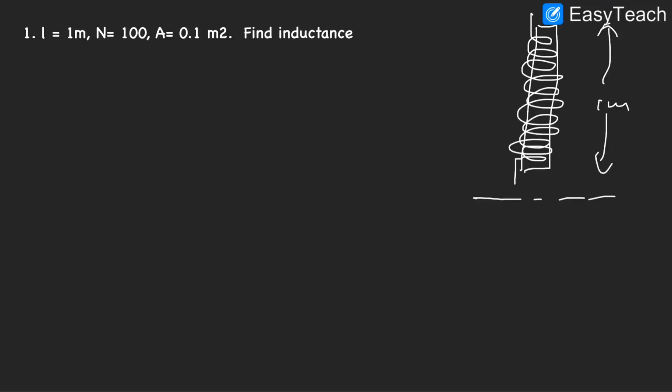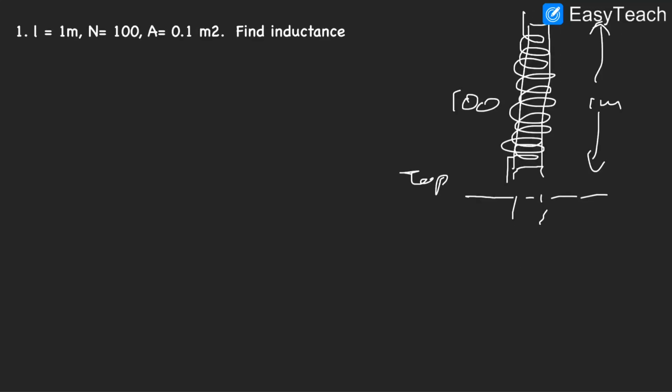Remember, that's just an inductor, and it is wound 100 times, so that is our number of turns n. And this is looking at the top view, and so if you look at it from the front, it's going to be a circular core. You're just going to see a big circle like this, and the area of this circle is 0.1 meters square.